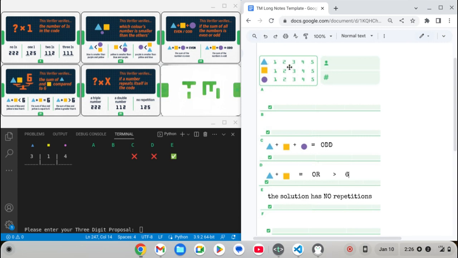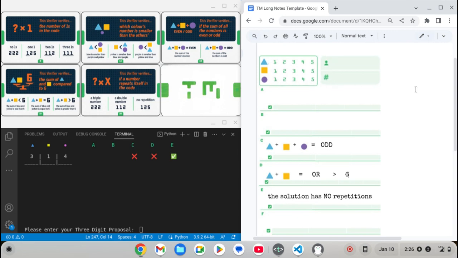But if it were two evens in triangle and square, and triangle or square were the smallest, then you could see which of the two digits would be the 2, and which one would be the 4. But that said, then circle would be odd, and if there are no ones, how would you pick between 3 and 5?